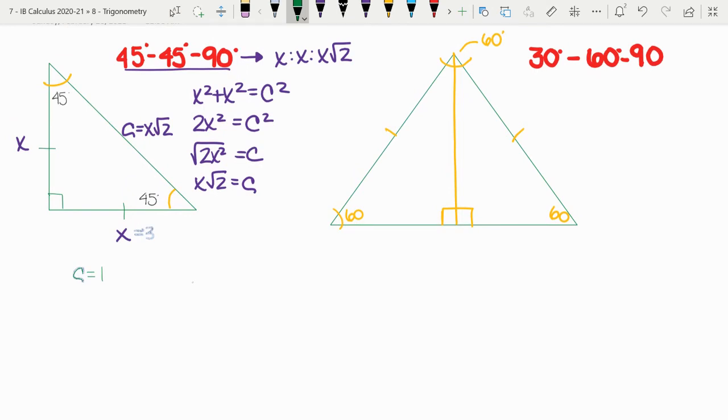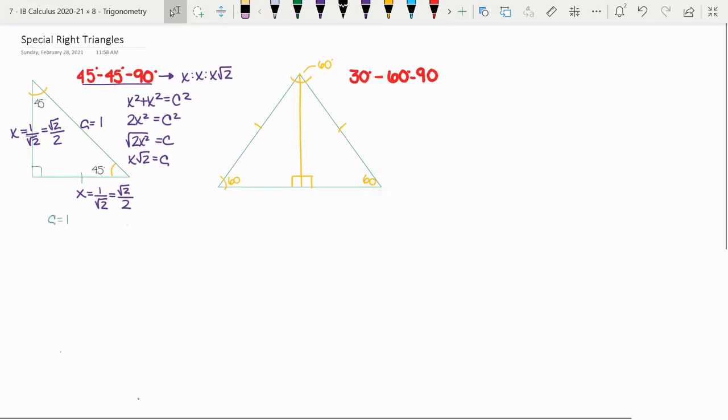I have to divide by rad 2 to get the legs. So if this were 1, x would be 1 over rad 2 in both cases, right? And if I rationalize that, multiplying by rad 2 over rad 2, these sides would be rad 2 over 2.